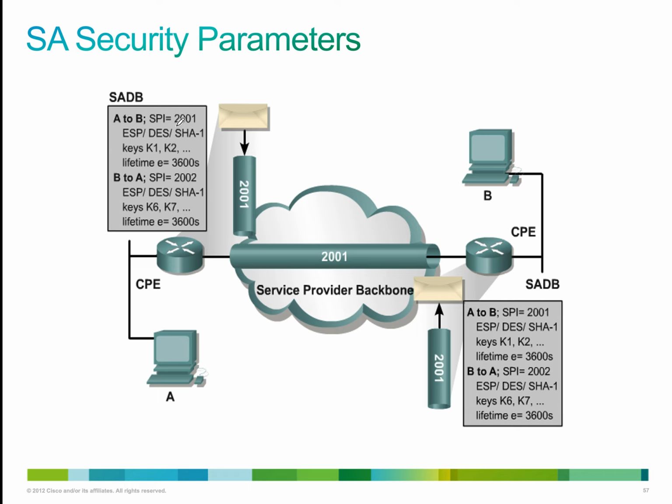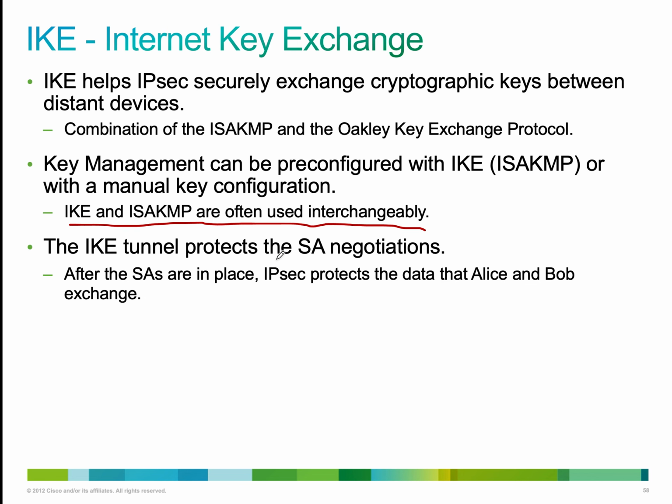Everything is negotiated. It tells host B what it has, and B will also tell what it has. Then they will establish a connection between themselves. IKE simply means Internet Key Exchange, right?